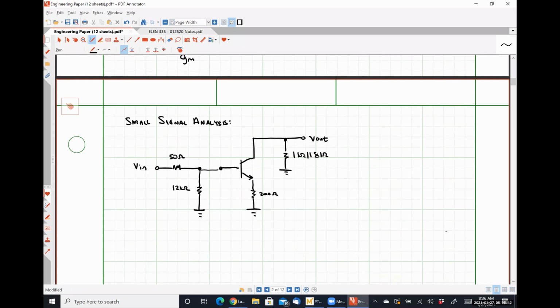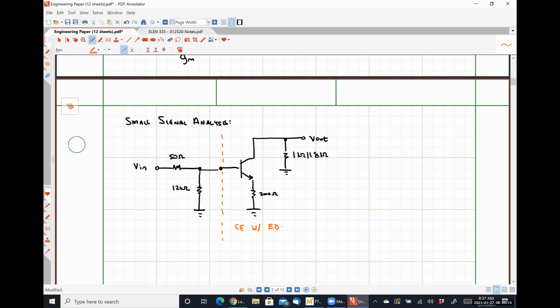So what we have here should be fairly recognizable as well, right? Over here on the right-hand side of my dashed line, I have a common emitter with emitter degeneration, where I also happen to have that extra 8 kilo ohm resistance in parallel with RC.